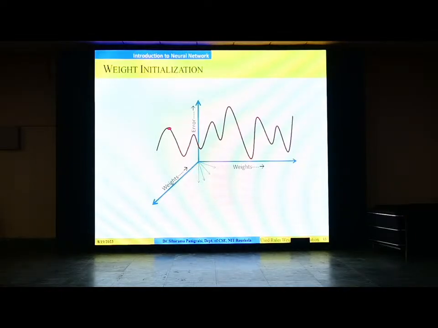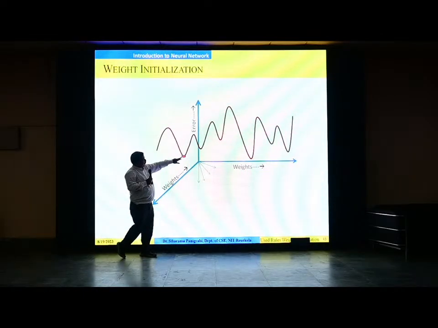After that, what will you do? Feed forward the inputs, compute the output, compute the loss, compute the gradient of the loss, then update the weights. If you update the weights, your error will decrease, and the weights will be updated. But it will get stuck at this local optimum, yes or no?